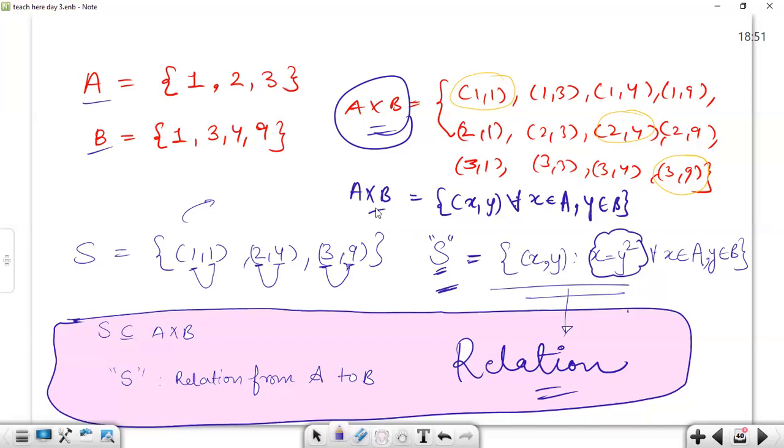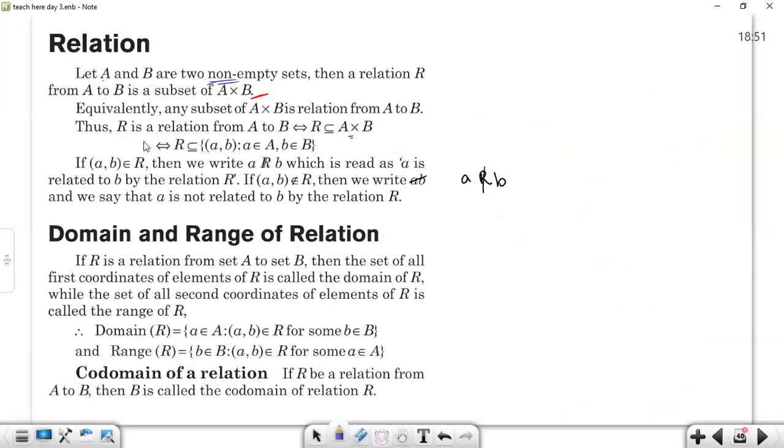This is the Cartesian product, this is the relation. This particular condition is the difference, which makes it a relation. Okay? So relation is basically a set which is a subset of the Cartesian product of two sets. Okay.